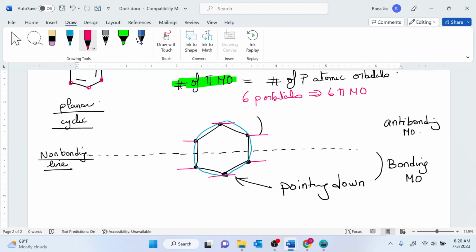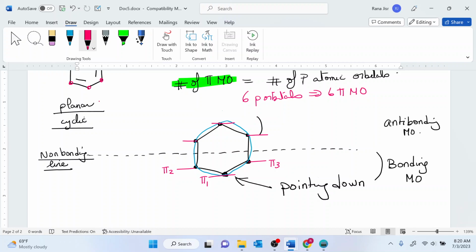To name those molecular orbitals, you just give them 1, 2, 3 for the bonding and the star for the anti-bonding. So you have pi 1, then pi 2, and then pi 3, and all of those are bonding molecular orbitals. Remember that for every bonding, there's an anti-bonding.